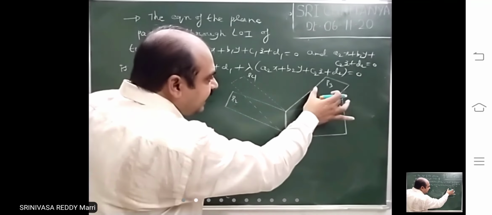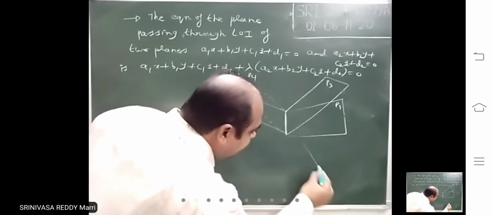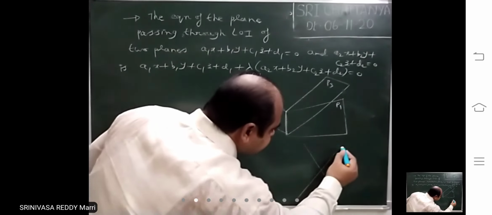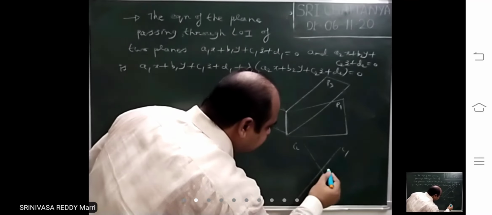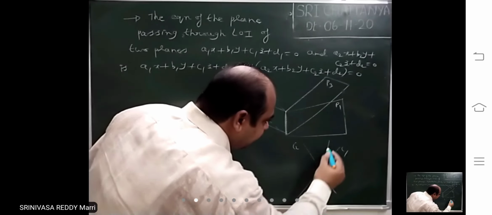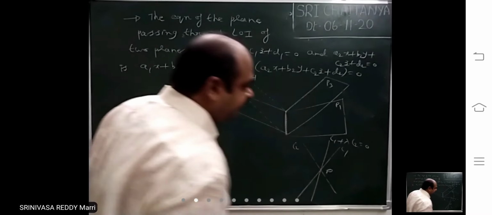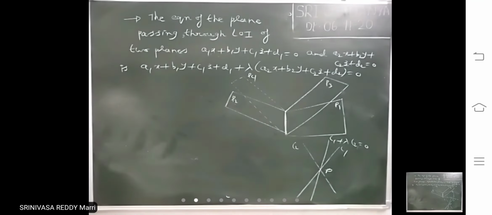Such a type of plane, if you want to find it, its equation will be like this. In straight lines we have done this: suppose L1 is there, L2 is there, they intersect at P. If you want to find a line that passes through the point of intersection of both, what is that line? L1 plus lambda L2 equal to 0.